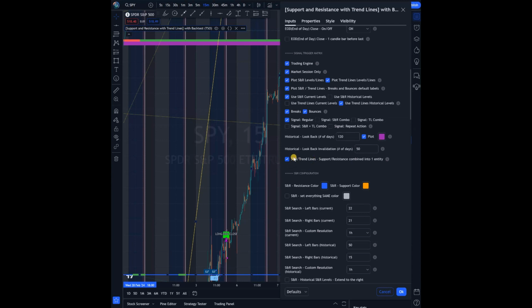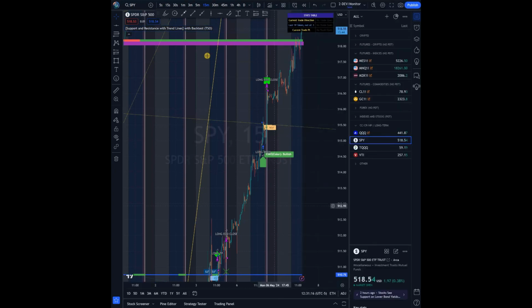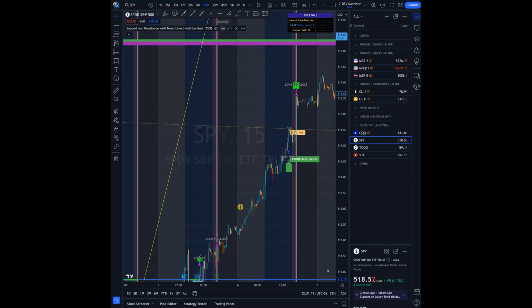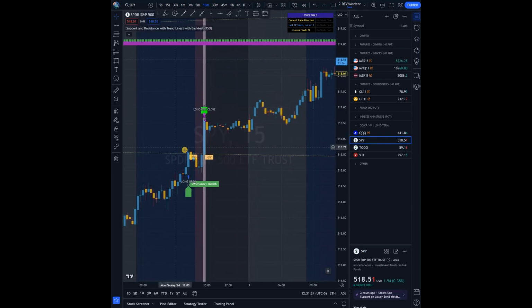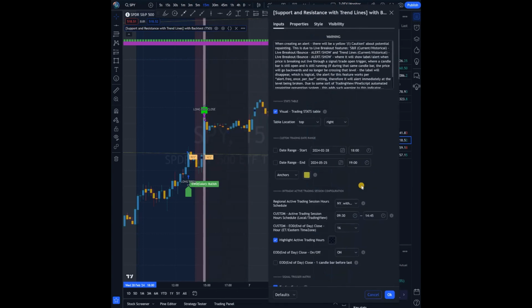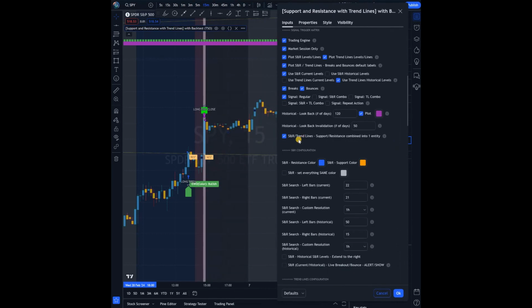Okay, this one is for both SNR and trend lines, support and resistance combined into one entity. This example is good. By default, yellow, and you can change the colors, is support, while blue is resistance. For a breakout, with this turned off, resistance is supposed to be broken up and support is supposed to be broken down, so you can see this is no longer valid because this was support.